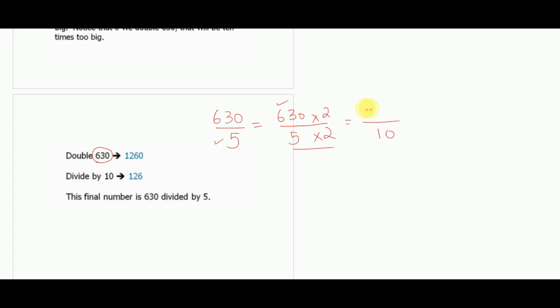It's 1260, so eventually we get 126. Once again, this might seem like a very unintuitive way of solving this, but once you get the hang of it, once you get practice and are comfortable with this method, it becomes very, very swift.